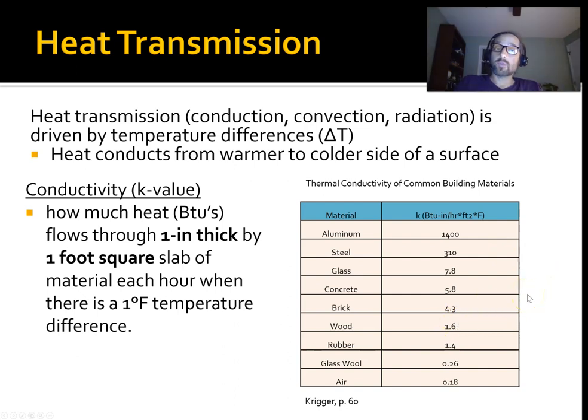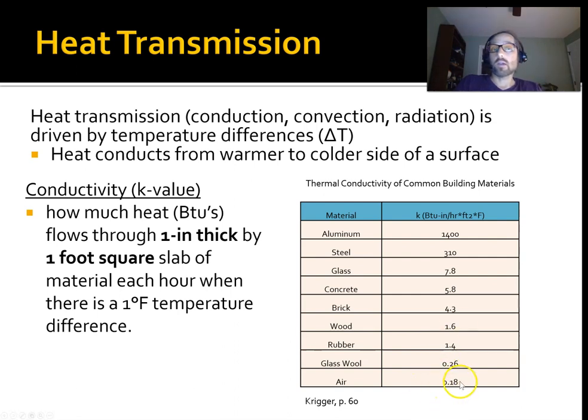So think about house framing, for example. You can make it from steel, so not aluminum so much, but steel. If you look at steel framing, 310 versus 1.6 for wood, right? So that's, what is that, 200 times as much? So the point is that if you have different materials, the heat will conduct through them at different rates, all else being equal.